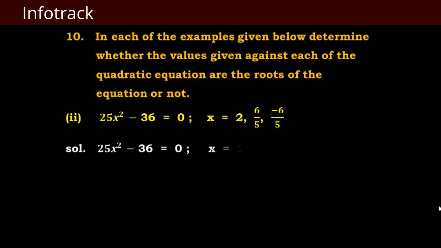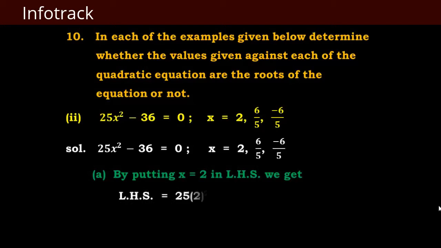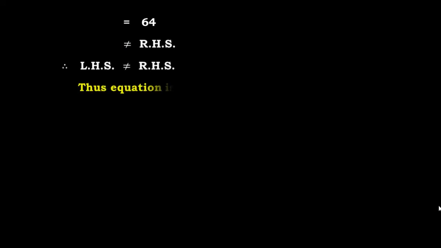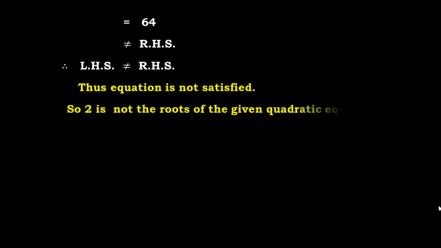By putting x equals 2 in LHS we get 25 into 2 square minus 36. 2 square is 4, so 25 into 4, 25 4s are 100, and 100 minus 36 is 64, which is not equal to RHS. Thus the equation is not satisfied, so x equals 2 is not a root of the given quadratic equation.